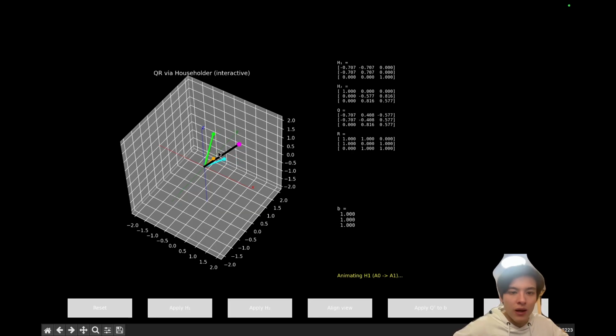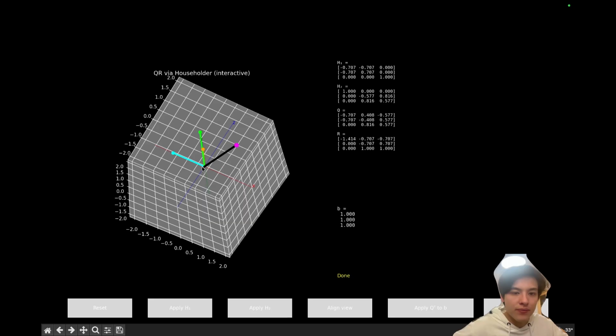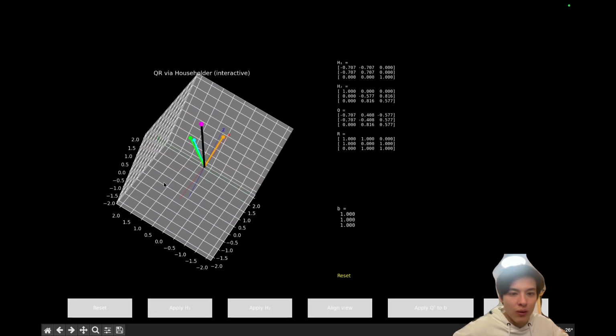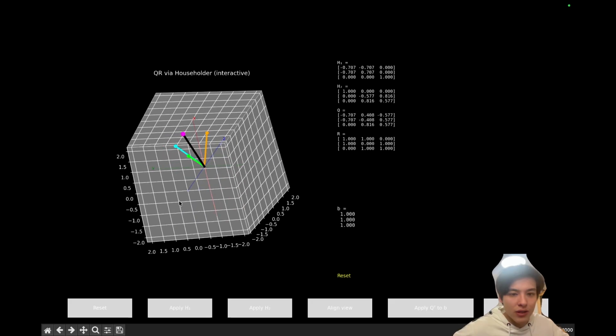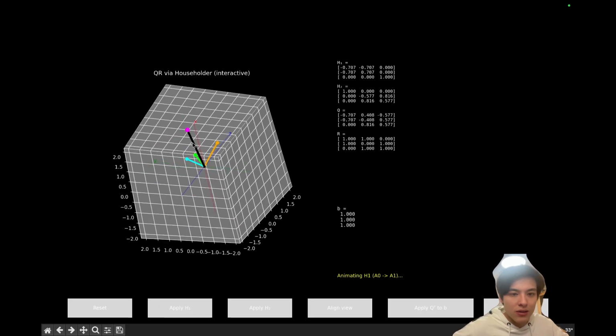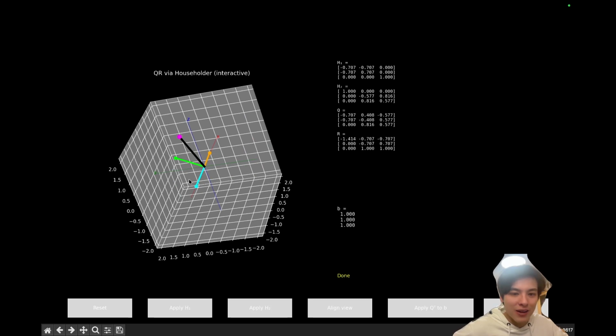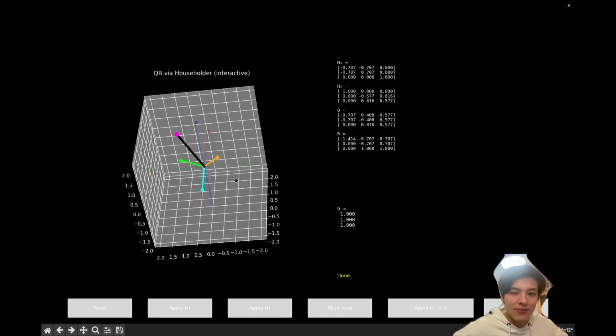So when we apply H1, you can see we would move the light blue one basically to the axis. It's a bit hard to see, but it gets rotated to the x-axis.